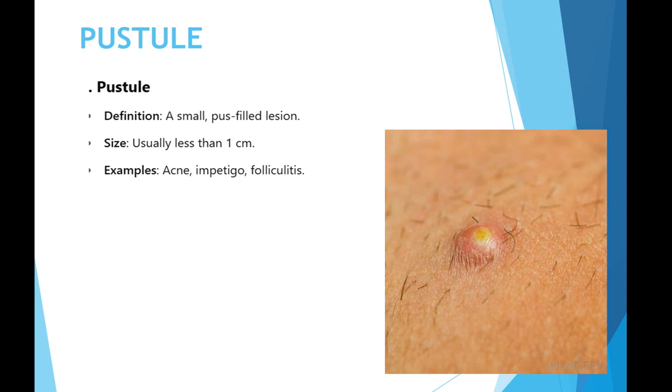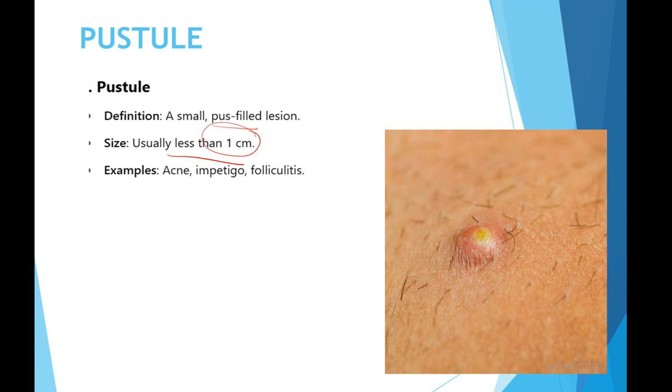Now, coming towards a pustule. So, what's the difference between a vesicle and a pustule? The vesicle contains clear, water-like fluid, whereas the pustule is basically a pus-filled lesion, and it's also less than 1 centimeter in size, right? So pustule and vesicle are similar to each other, but again, pustule is less than 1 centimeter with pus within it, and the vesicle does not contain any pus.